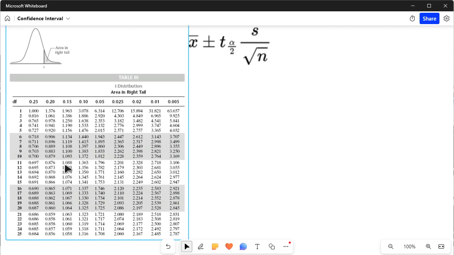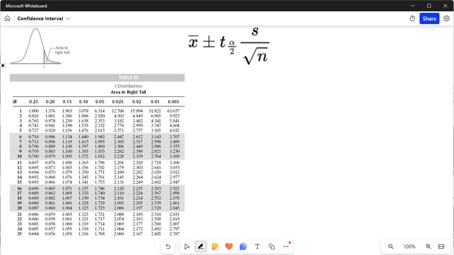Now, if we were to try to standardize this, you would take t equal to x bar minus the mean, divided by the standard error, which in this case is our sample standard deviation divided by the square root of n. So this gives a perspective as to how we determine a t value.